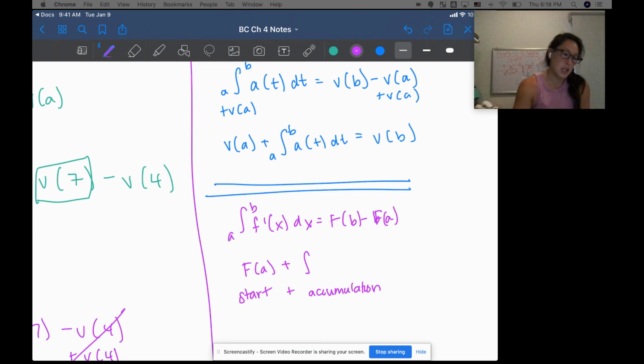This is basically the change in y from x equals a. So we do f of x dx is equal to f of b. It will give you the ending value. That's it.